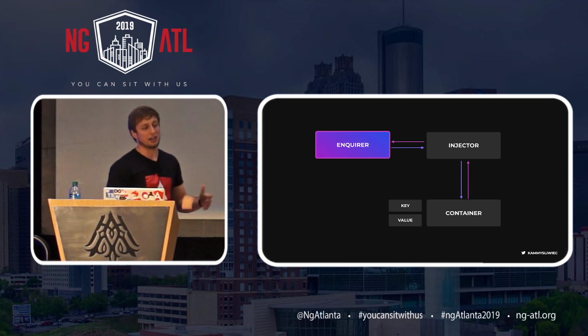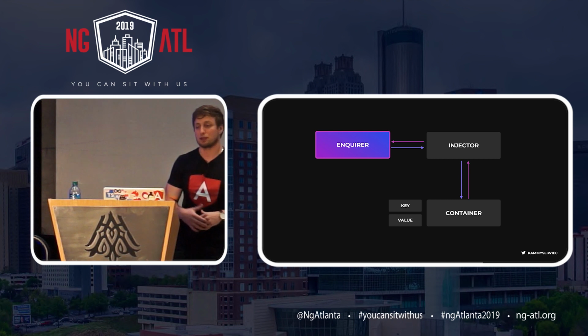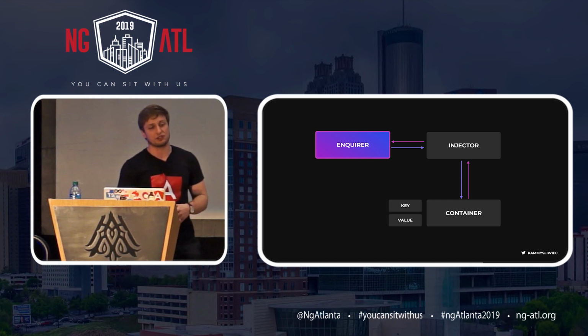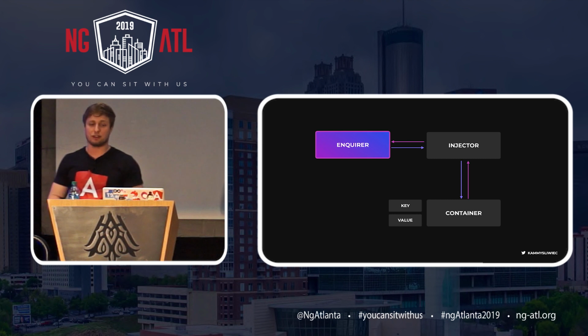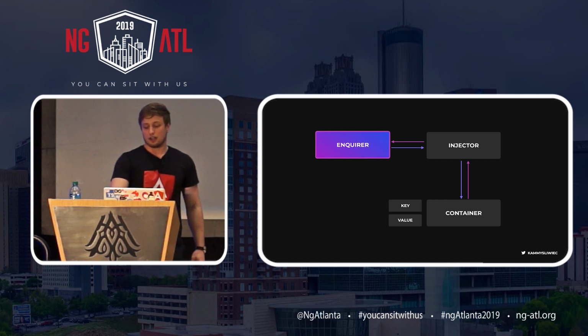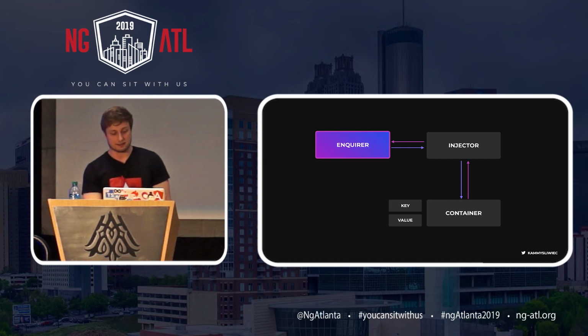So for example, the key might be CatService, and the value might be a new CatService. Obviously, it's a very high level proof of concept of how you can implement dependency injection in your application. Both Angular and Nest are doing some heavy lifting behind the scenes, like handling circular dependencies. It's just to show you how it basically works. So the container returns the instance, and the injector can create a final instance of the class.